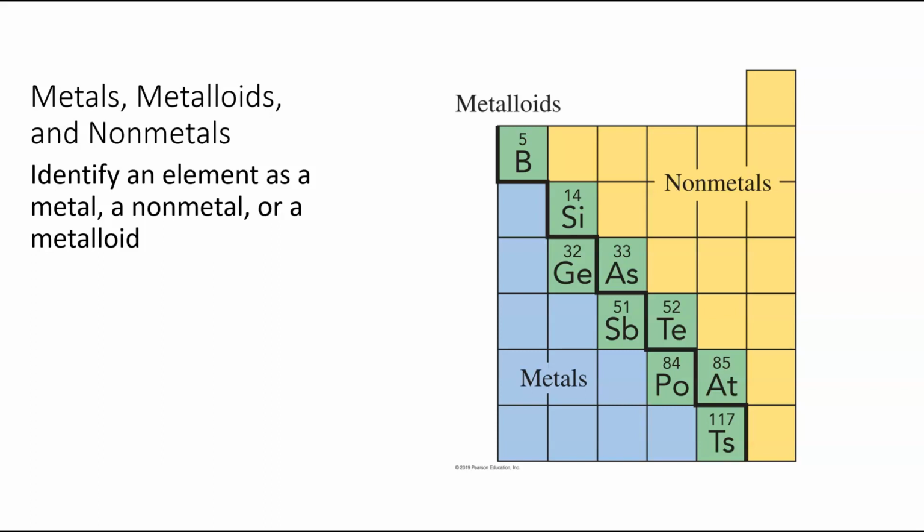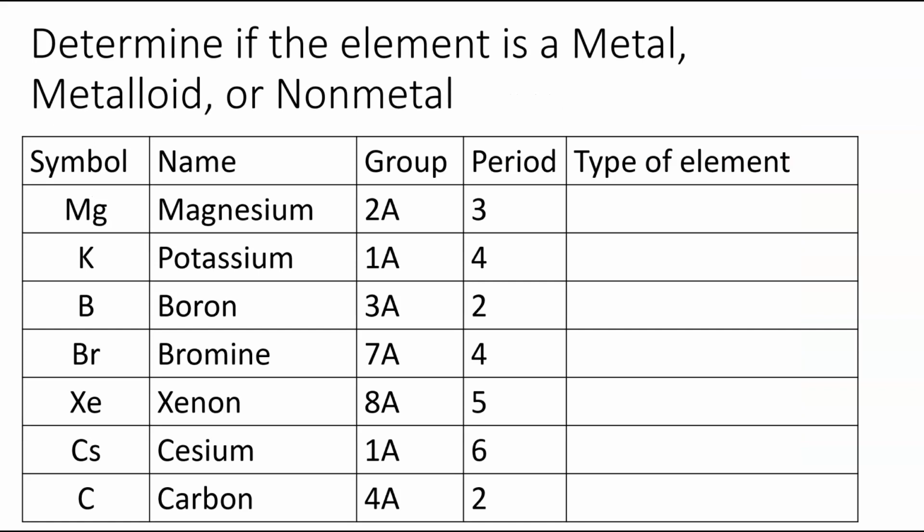We can also further classify elements based on whether they are metals, metalloids, or nonmetals. I'd like you to determine if the element is a metal, metalloid, or nonmetal. I suggest you pause the video and determine which one each of these elements is.